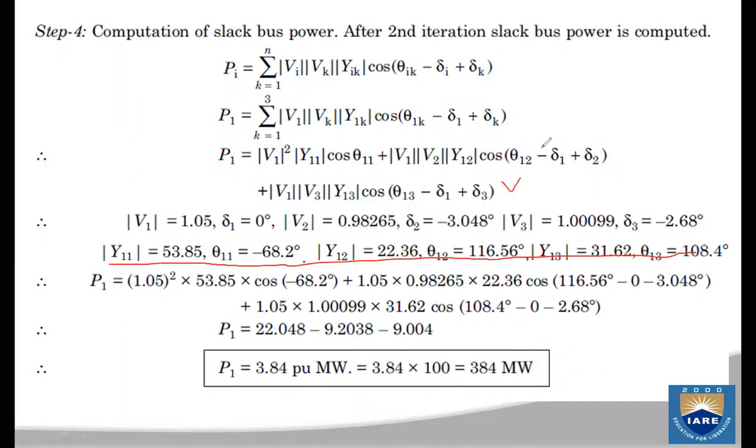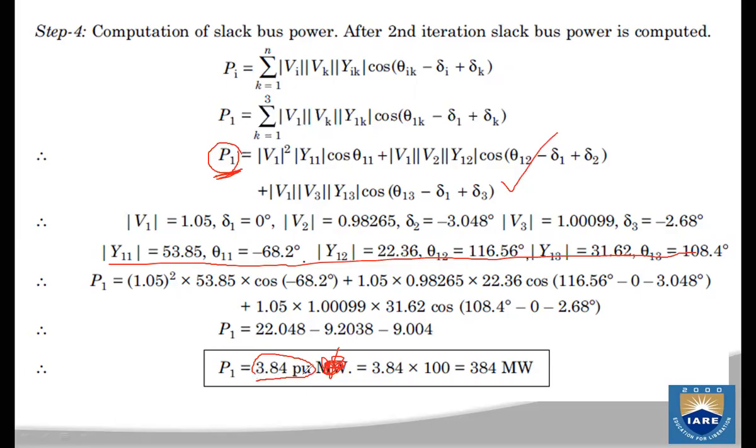So simply you substitute all the values in this equation so that you get P1, which is the slack bus real power. What you are getting here is 3.83 per unit, not in megawatts. All the values above are substituted in per unit, so the final value is also in per unit: P1 is equal to 3.83 per unit.